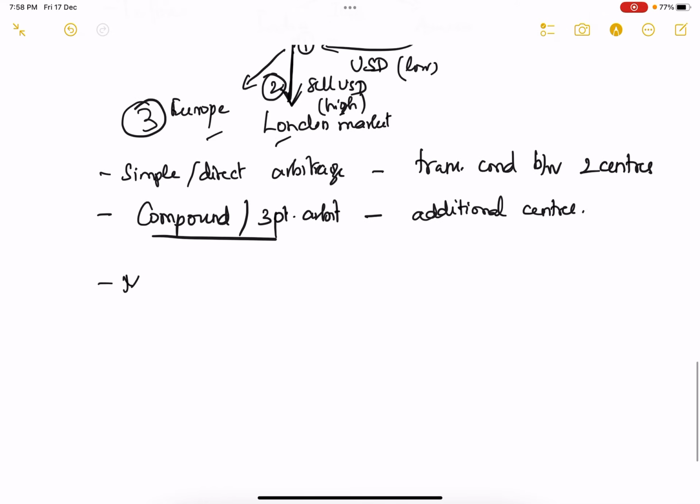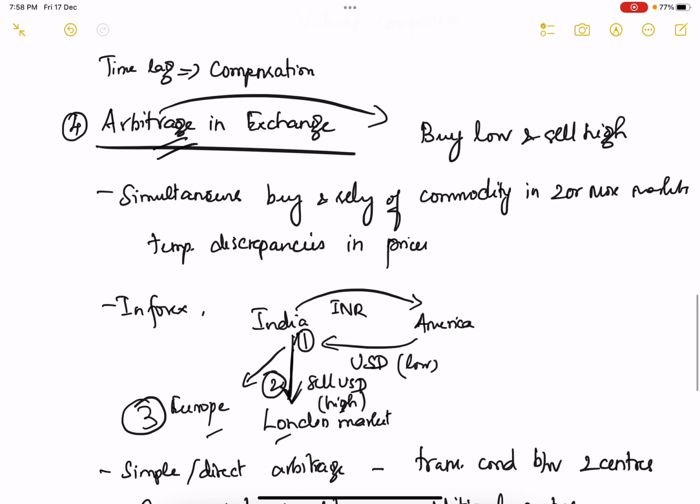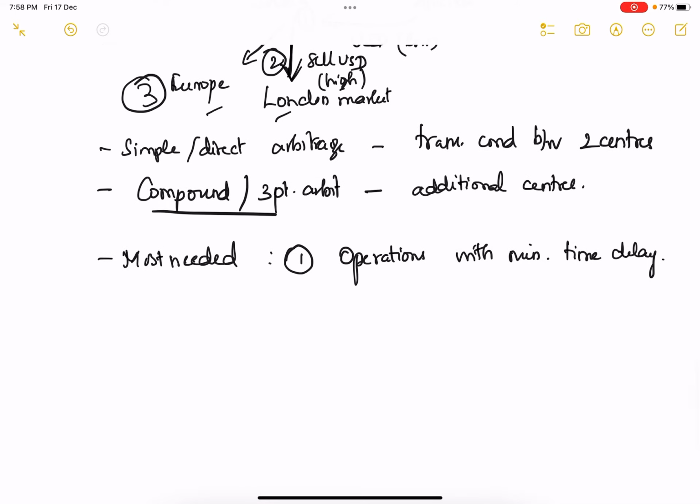So we have to keep three things in mind which are most needed while undergoing the arbitrage process. The first one is operations with minimum time delay. So the utmost benefit of the arbitrage process is that we buy at a low price and sell at a high price. This happens immediately. So, since the advantage is obtained only when the process is immediate, the operations should be with no or minimum delay.